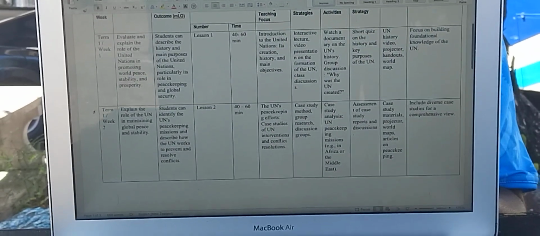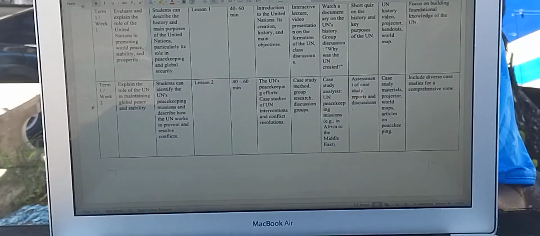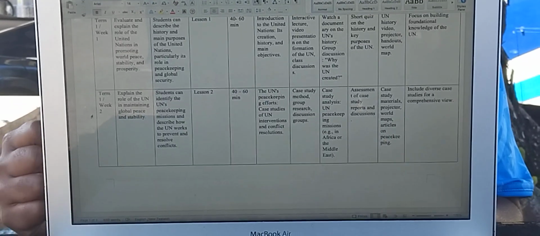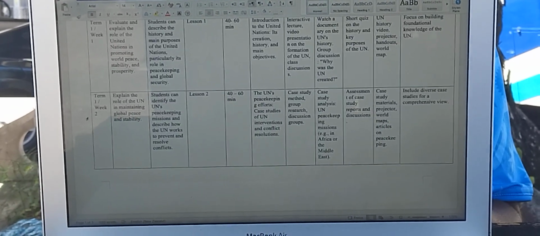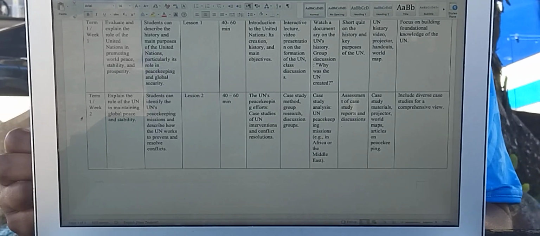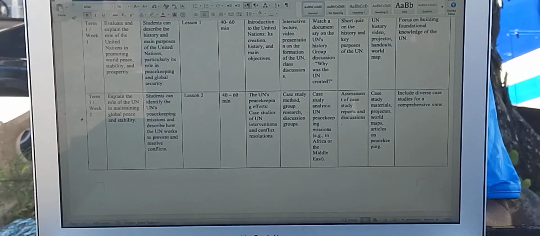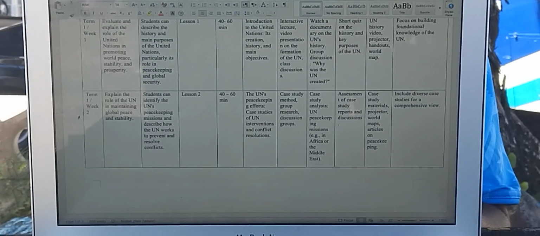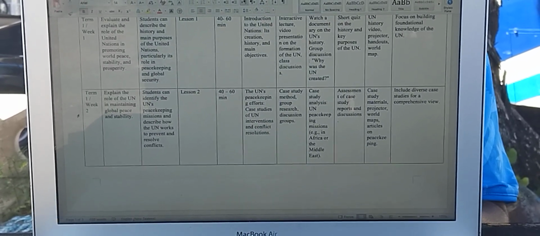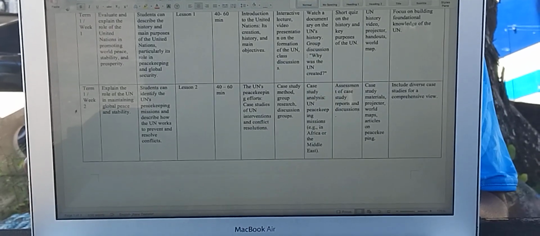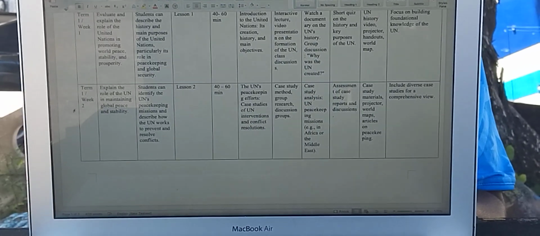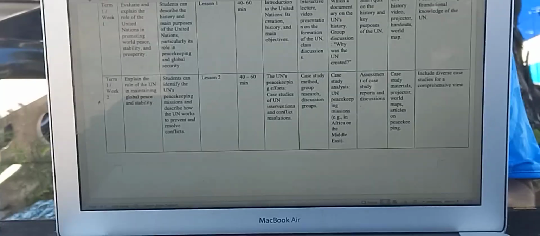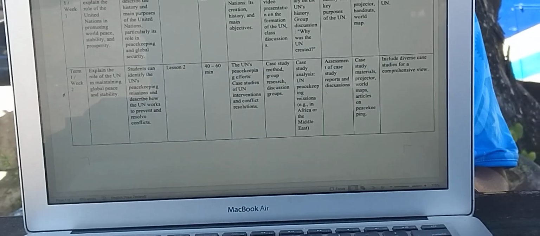Moving to the second week, week 2, lesson 2 will be covered, and the CLO will be to explain the role of the UN in maintaining world peace and stability. The MLO is that students should identify UN peacekeeping missions and describe how the UN works to prevent and resolve conflicts.